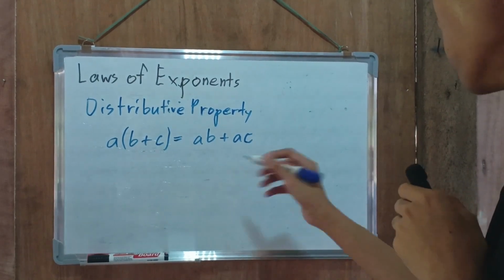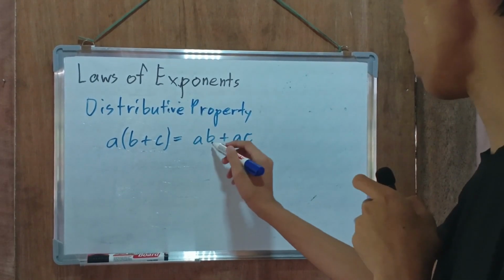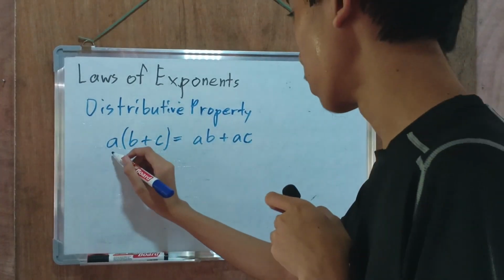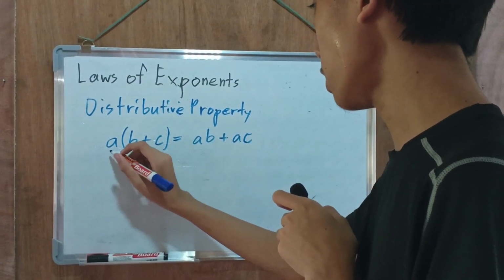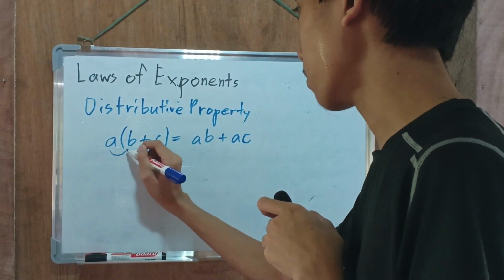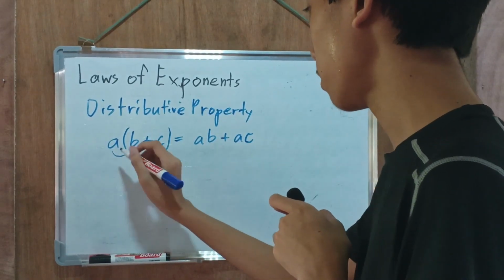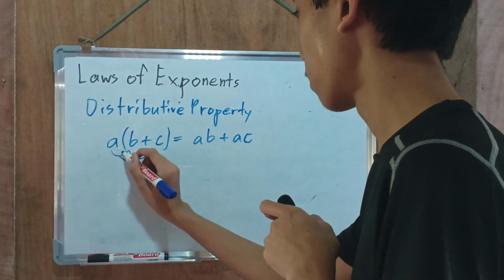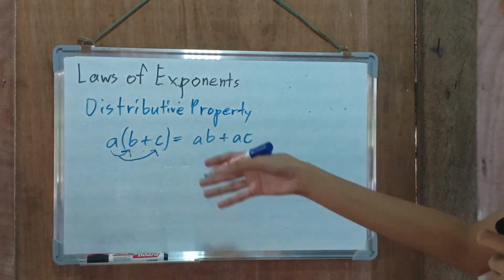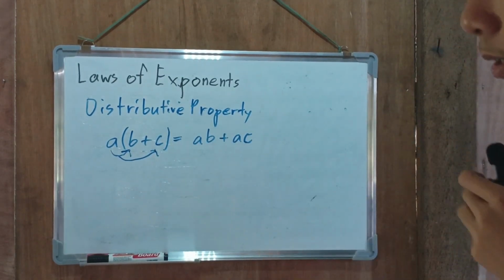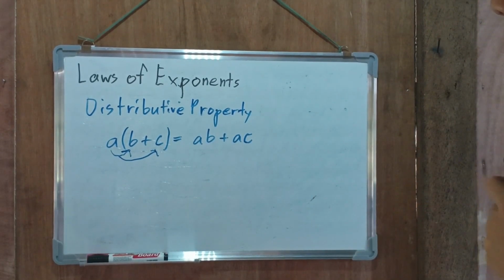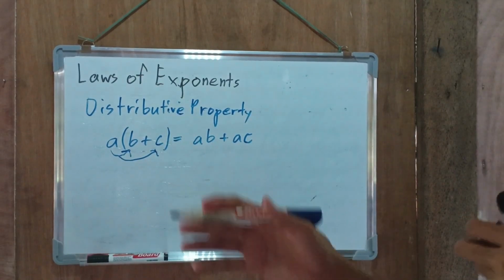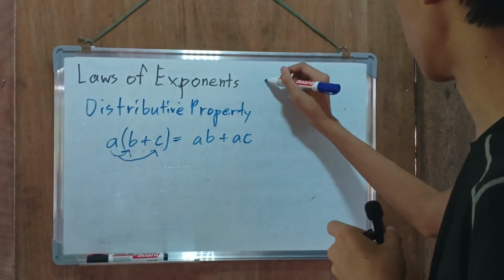How this works is very simple. Why ab here and why ac here? Because a distributes to b, and a distributes to c. We can see why this rule is very important, especially here. So I'll give you an example.